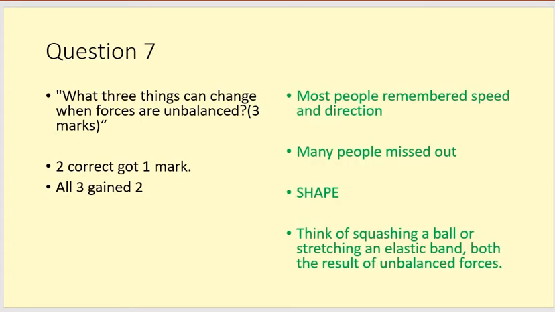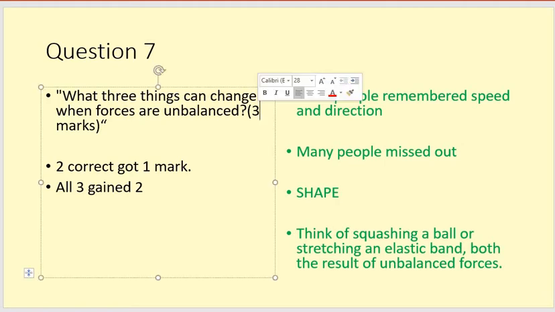Okie dokie. Question 7. We needed to say what 3 things can change if forces are unbalanced. And there were 2 marks for this. If you got 2 of them right, you would get 1 mark, but you had to have all 3 correct to gain both marks. Most people got speed and direction.